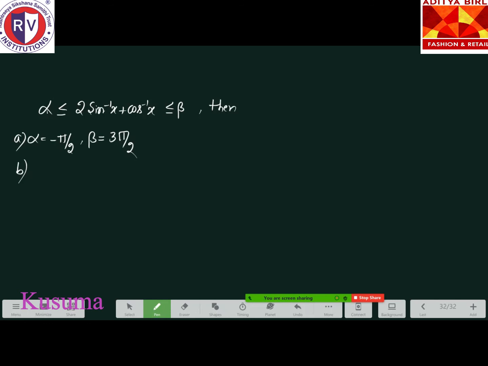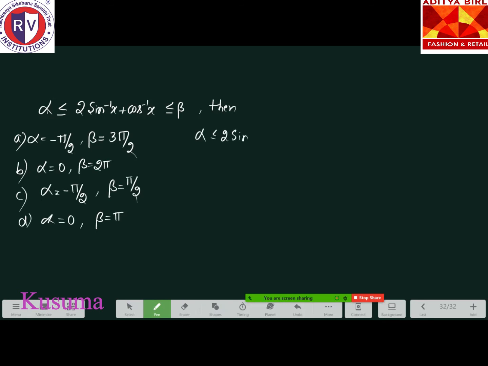Option B, alpha is 0 and beta is 2 pi. Option C, alpha is minus pi by 2 and beta is pi by 2. And option D is alpha is 0 and beta is pi. Okay. So it is given that alpha is less than or equal to 2 sine inverse x plus cos inverse x, which is less than or equal to beta.